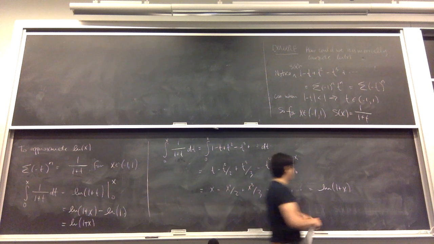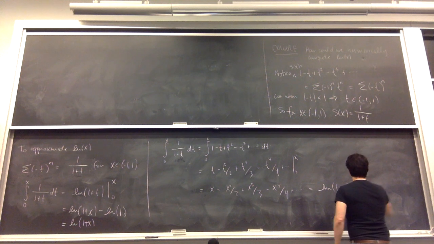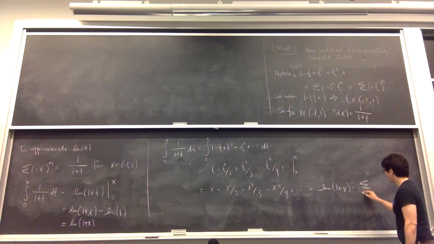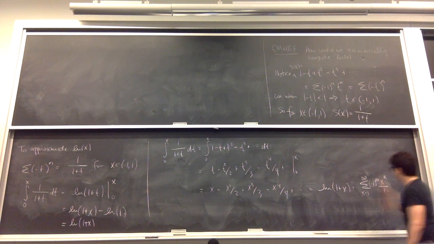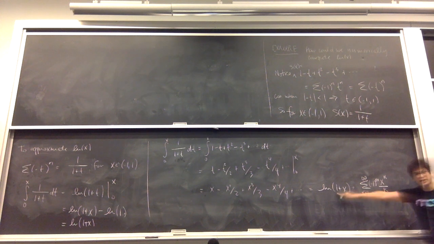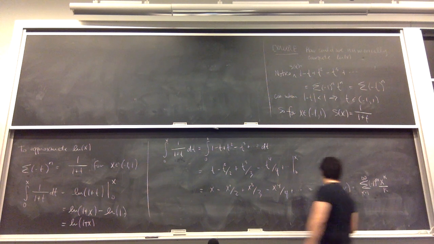That ln of 1 plus x is equal to the sum, and let's see if we can write this. k equals 1 to infinity of x to the power of k divided by k, and we should start at k plus 1. Okay, so ln of 1 plus x is equal to this.